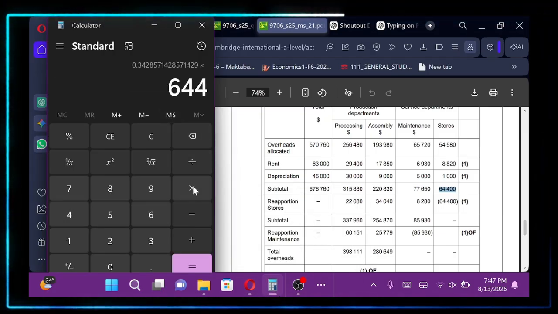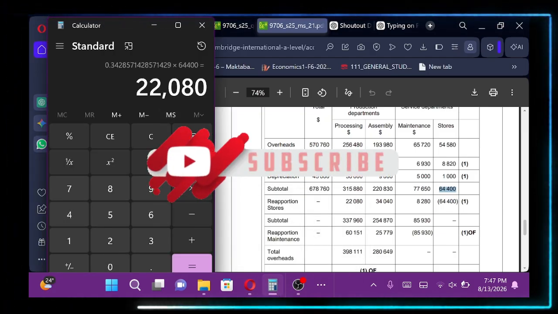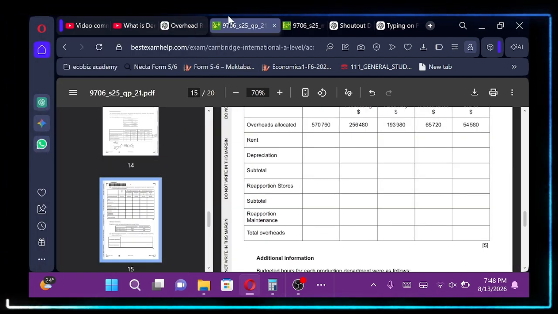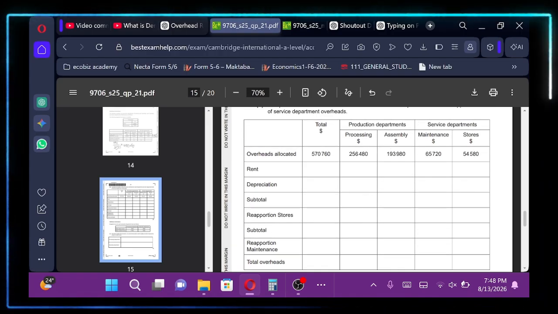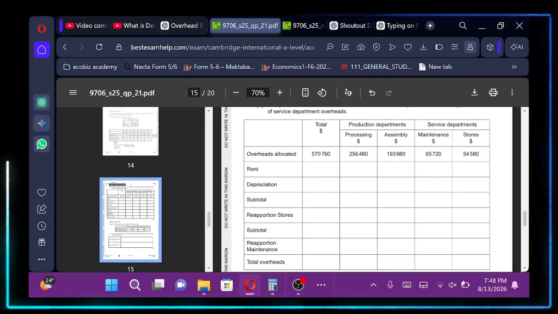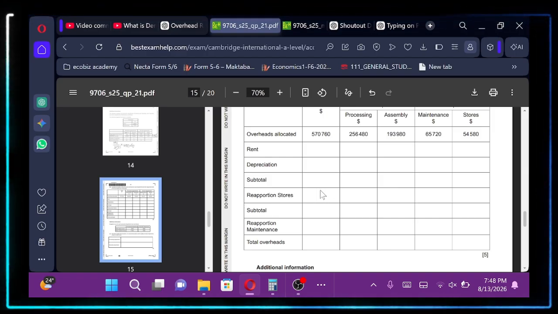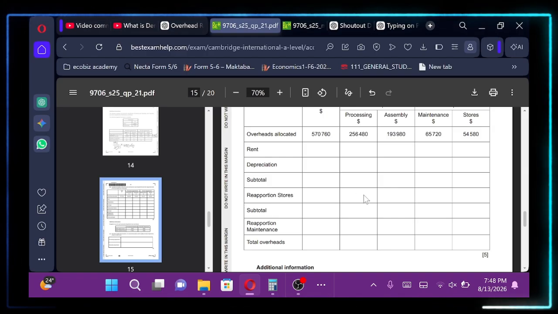Multiplied by 64,400, we get 22,080, which we're going to put just under processing in our reabsorption stores. So it's going to be right here.